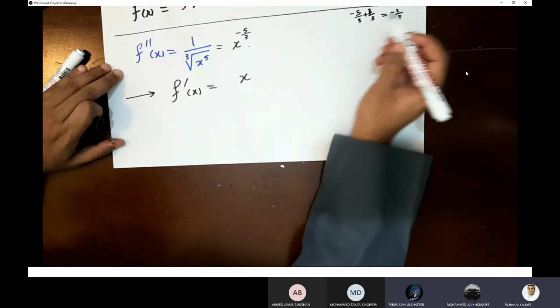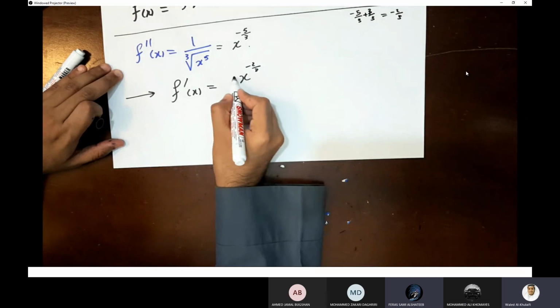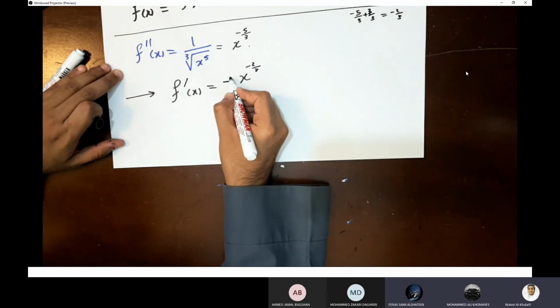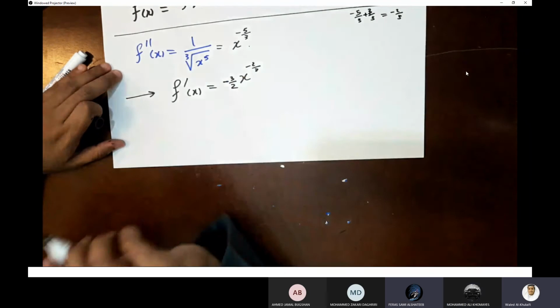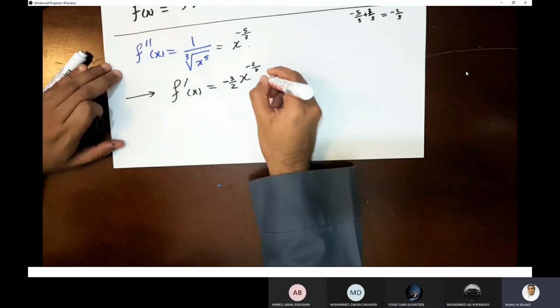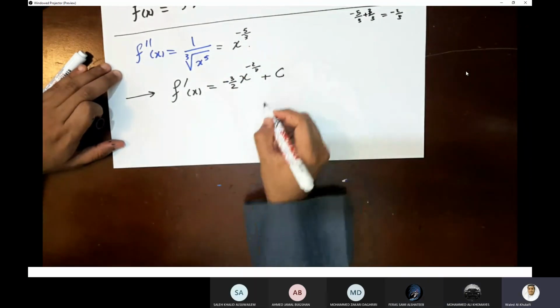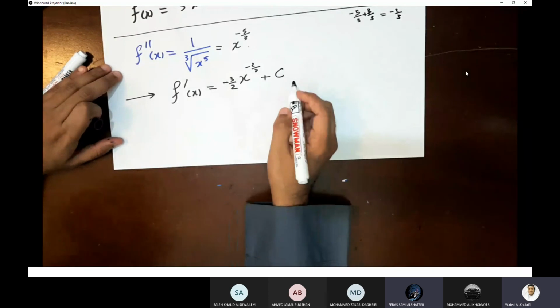Minus 2 over 3, times over minus 2 over 3, خلاص نختصر الموضوع, plus C. Don't forget there is C.